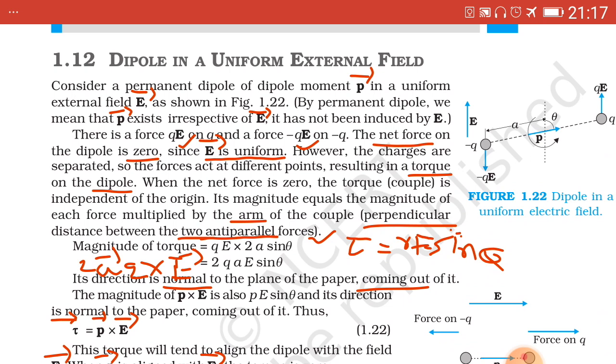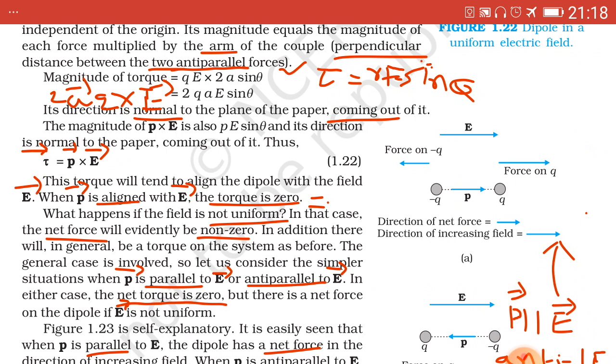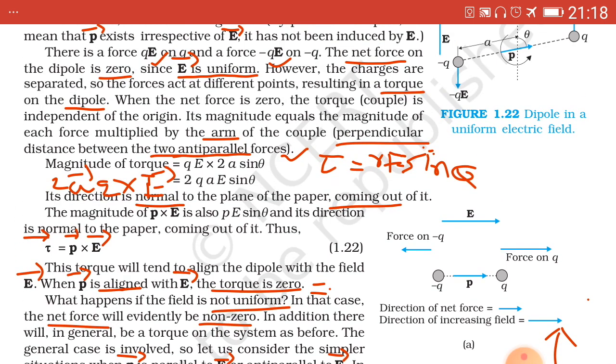Now there are two cases shown in figure A and figure B beside. First we study those two cases, when vector P, that is the dipole moment, is parallel to vector E or anti-parallel to E. In the first case, when P is parallel to vector E, the net torque is 0.